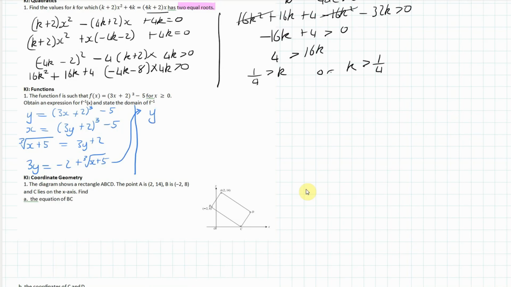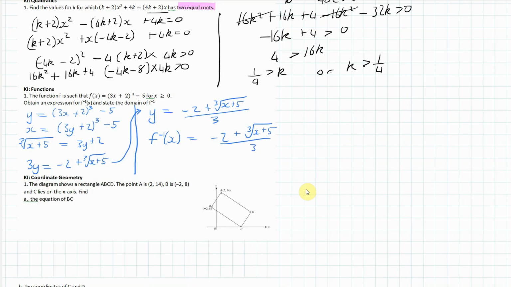So y is equal to minus 2 plus the cube root of x plus 5 all over 3. And that gives us an inverse. So we need to write it in the correct notation like this, so don't just leave it with a y there.